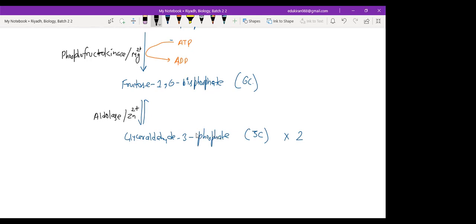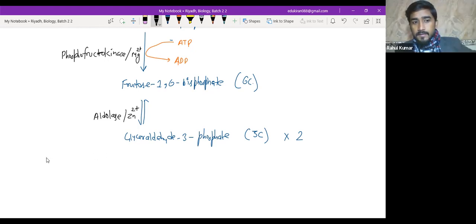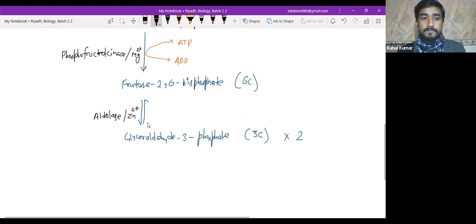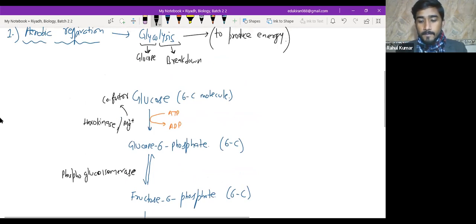Yes, sir. Till this step, we have started breaking down. So breakdown has now finally started. But till this step, there is no energy produced, only energy is utilized, right? Yes, sir.